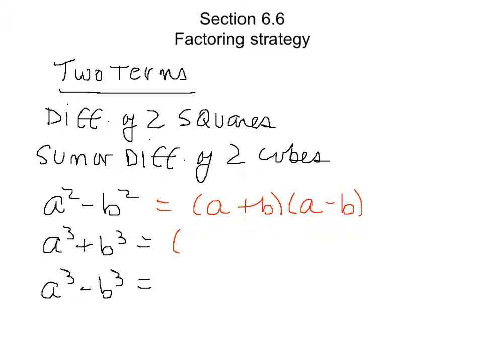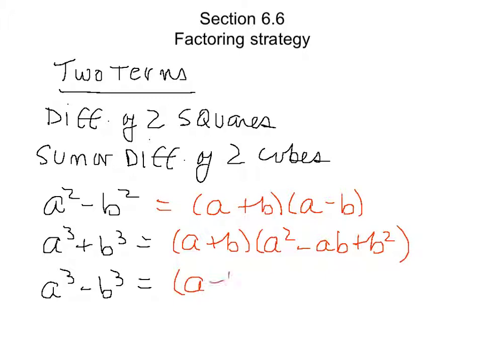A cubed plus b cubed is a plus b times a squared minus ab plus b squared. And this is a minus b times a squared plus ab plus b squared. So those are the rules that you take if you're looking at just two terms.